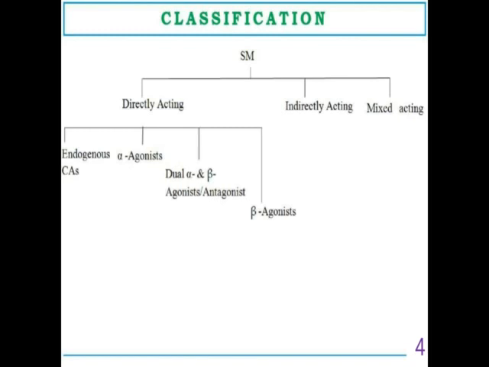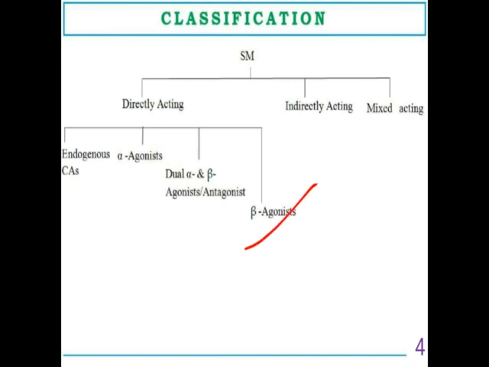Now, classification of sympathomimetic drugs. These sympathomimetic drugs are classified into three types: directly acting, indirectly acting, and mixed acting. In the directly acting, there are endogenous catecholamines, then alpha agonists, then dual alpha and beta agonists, and beta agonists. The drugs which act on the alpha receptor are alpha agonists; which act on the beta receptor are beta agonists.